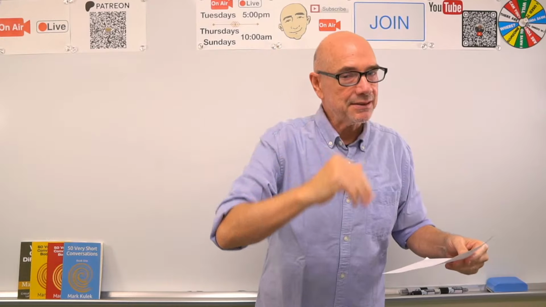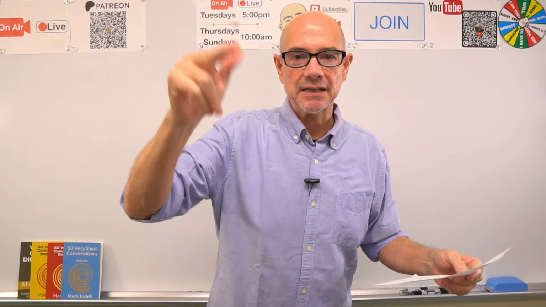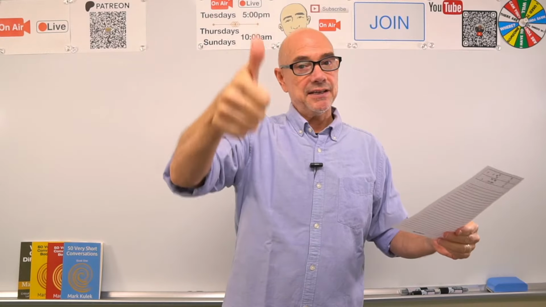The topic is imperatives. And then we have a quiz, a video quiz, and a worksheet. The topic is describing windows. So we're going to use adjectives to describe various windows.